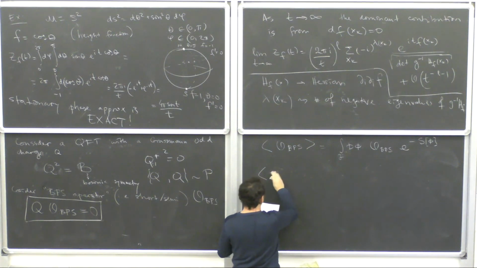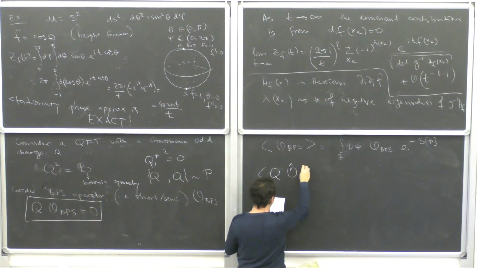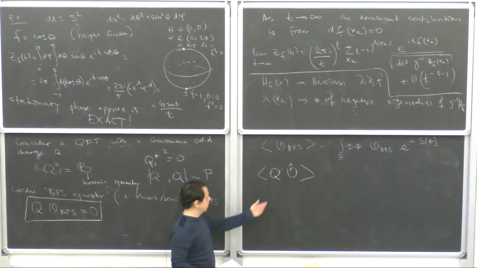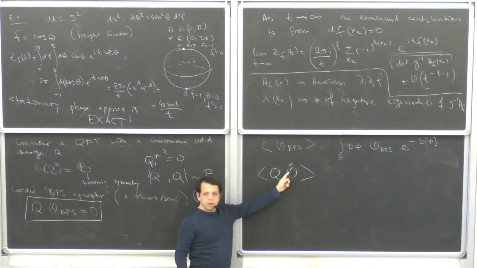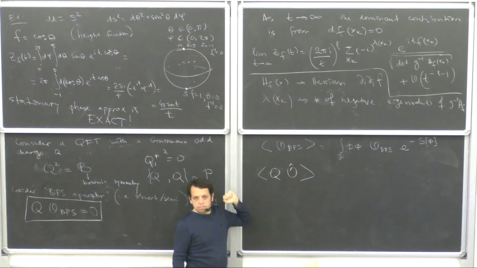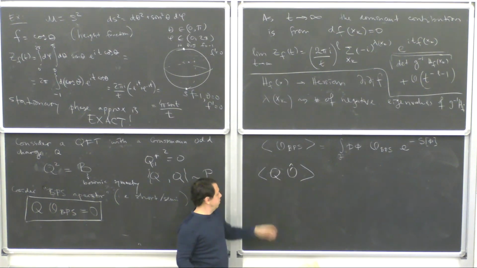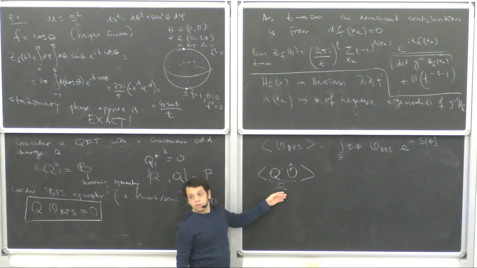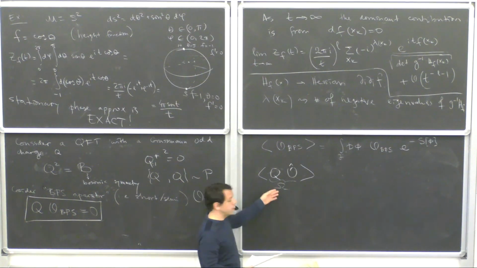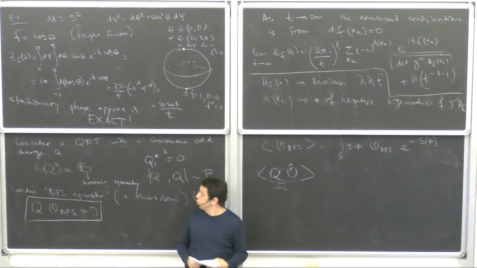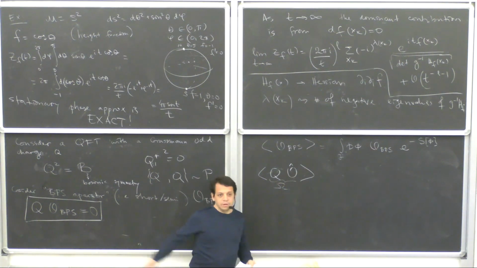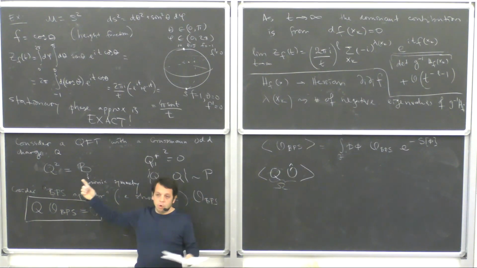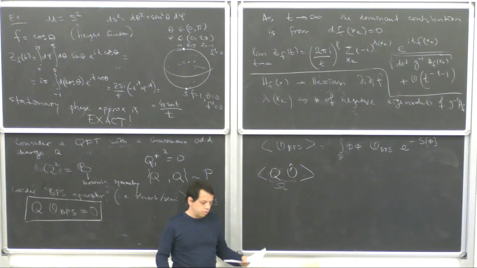So again, using the fine tradition of horrible naming, I consider an expectation value of Q of some other operator O hat. So this operator, whatever you want to call it, omega, is a Q exact operator. So it's certainly Q closed because, you know, Q squared is either a symmetry or is 0.